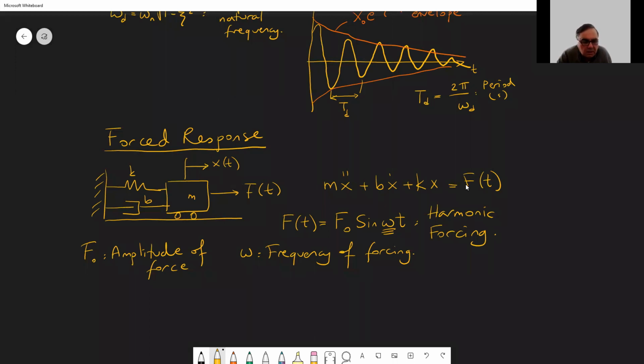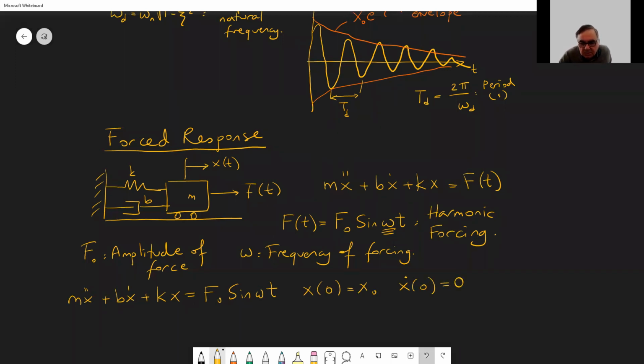So our equation of motion, we will concentrate on harmonic forcing, and therefore our equation of motion is a second order differential equation of this form. There might be some initial conditions, but as we will see, we won't be caring about them.